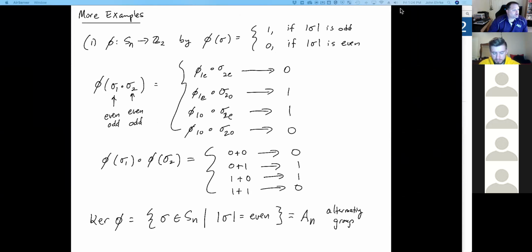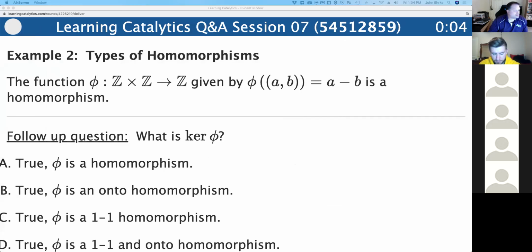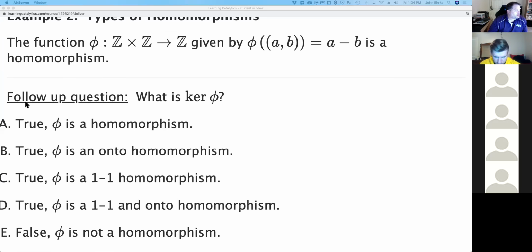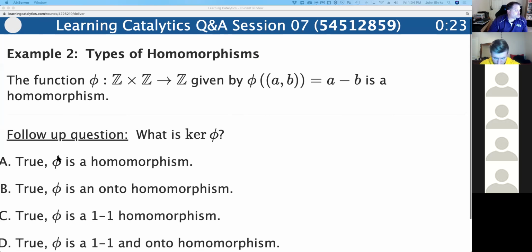So let's try another one for y'all to make sure that we're on board with this. Suppose I'm mapping Z cross Z onto Z by just taking the difference of the 2 coordinates. So this is a difference map of my 2 coordinates. And I want to know, is this a homomorphism, true or false?